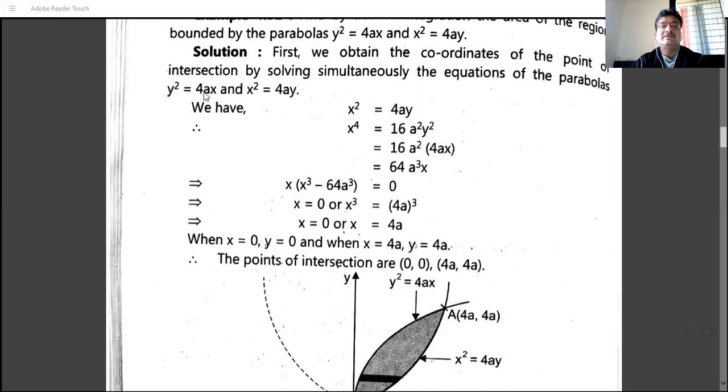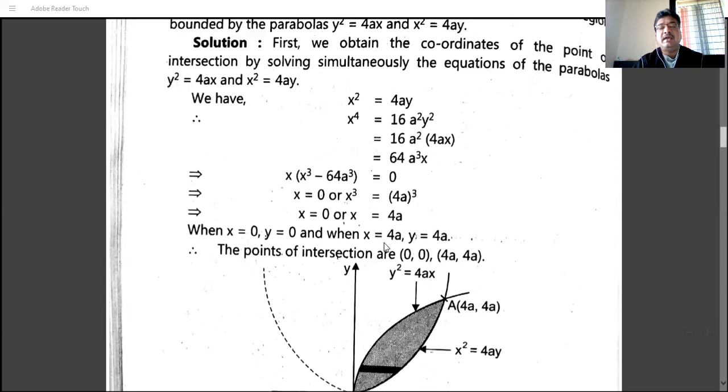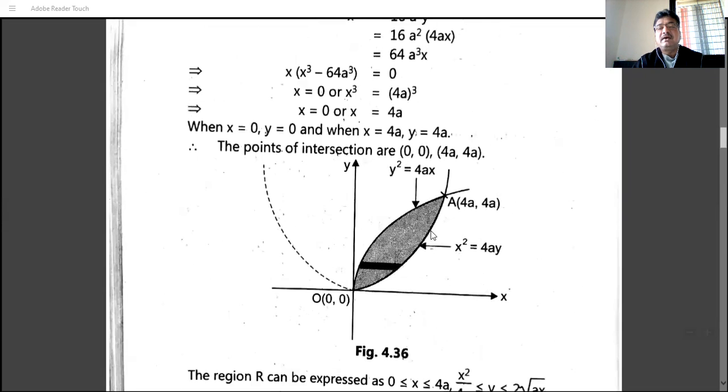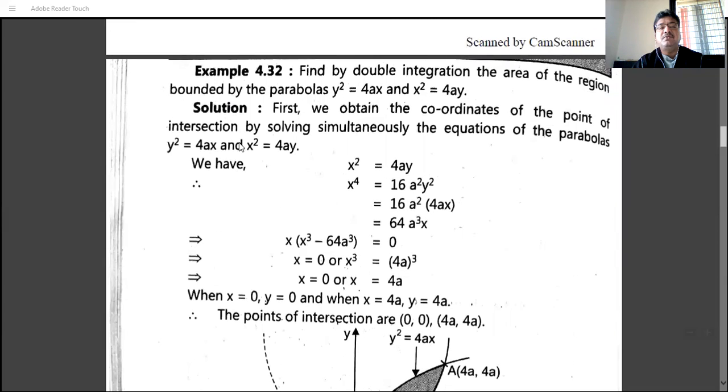This equation indicates if x is 0, then y is 0. And if x is 4a, then what is y? y square is 4a into 4a, that is 16a square, means y is plus minus 4a.